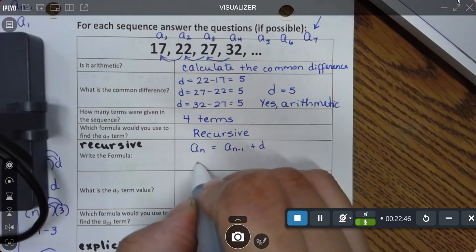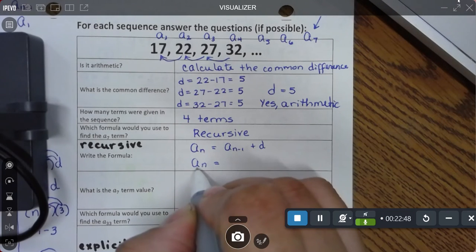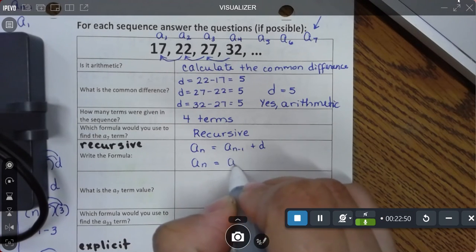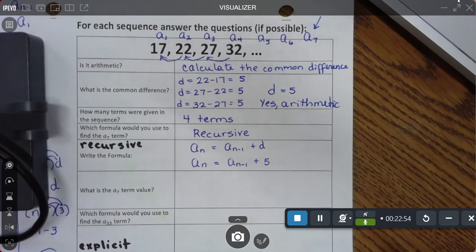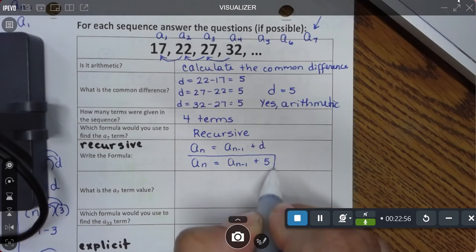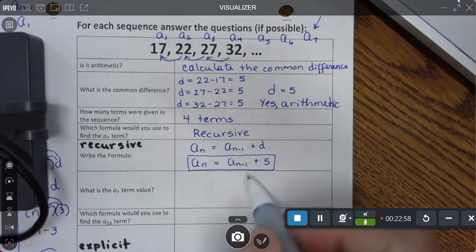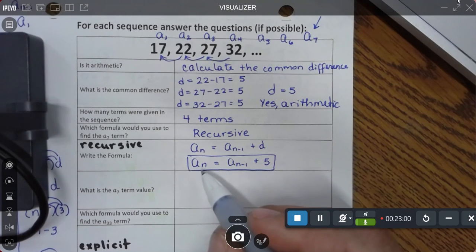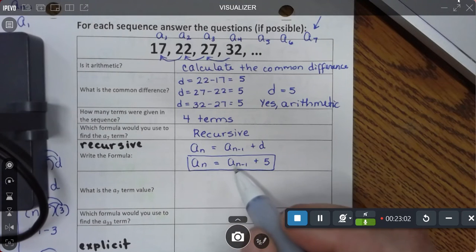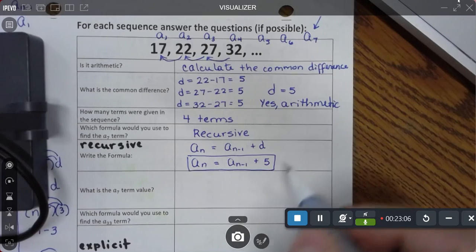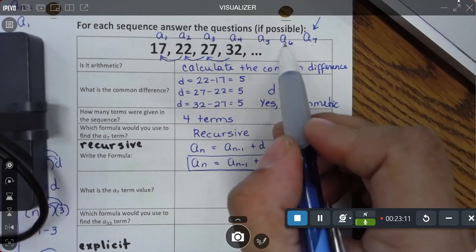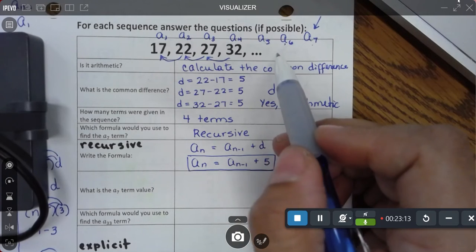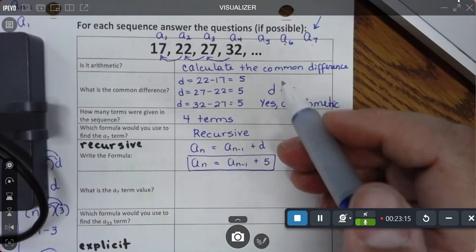All right, so the formula is going to look like this. The term that we want is going to be determined by the previous term plus 5. That's what this means. To calculate the term that you want, you're going to take the immediately previous term, and you're going to add 5. So to get to 7th, we actually have to get the 5th one and the 6th one. Recursively means that you got to do the process over and over again.